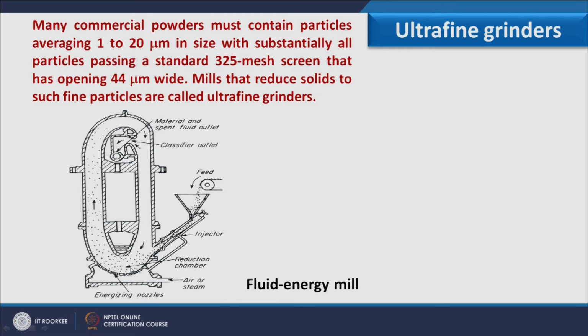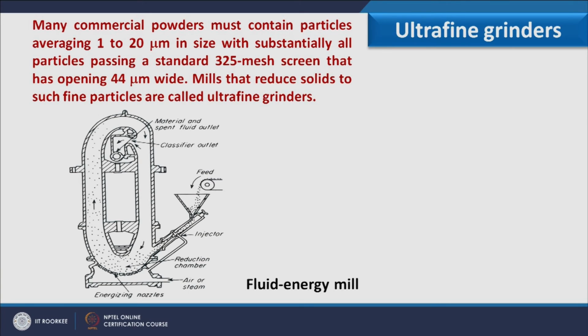This high speed air or steam takes the material coming from the feed along with it, and then, due to the high speed of the air, the material strikes either the walls of the mill or each other.